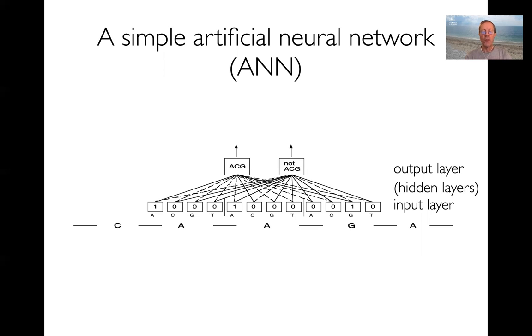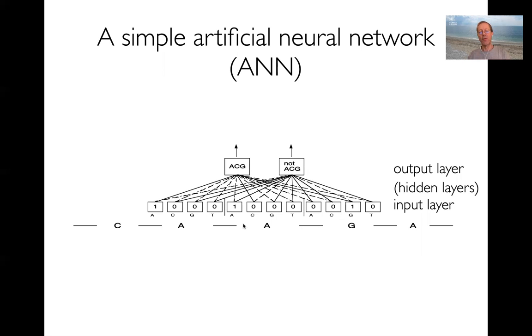I'm not going to discuss ANNs here, and I think you heard about them in other lectures. Let me just say that an ANN is composed of an input layer, which essentially reads off the sequence of the protein, which you scan along.